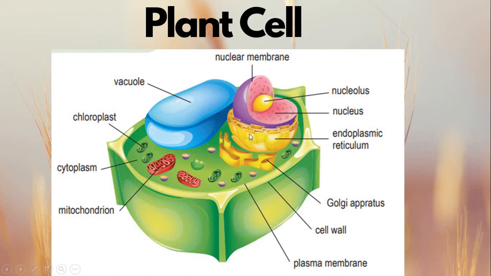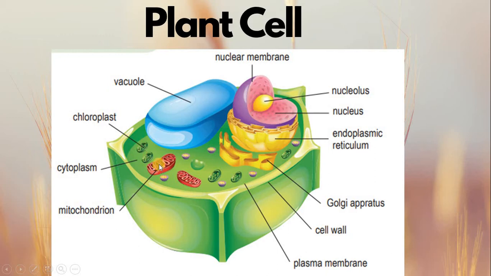Here is the rough endoplasmic reticulum and also the smooth endoplasmic reticulum. Then this one is the Golgi apparatus. This is the vacuole, the mitochondrion, and also the chloroplast.